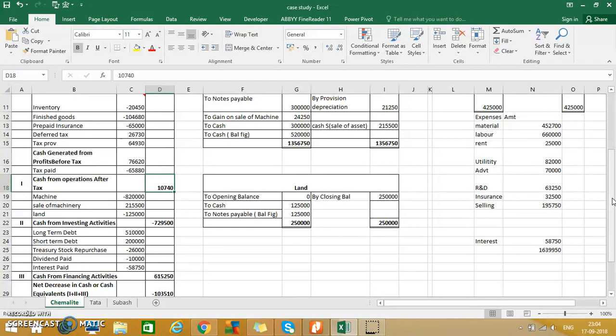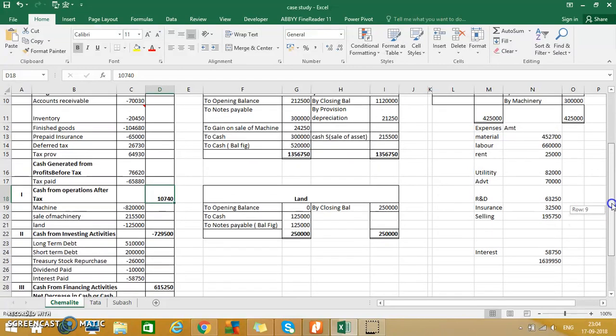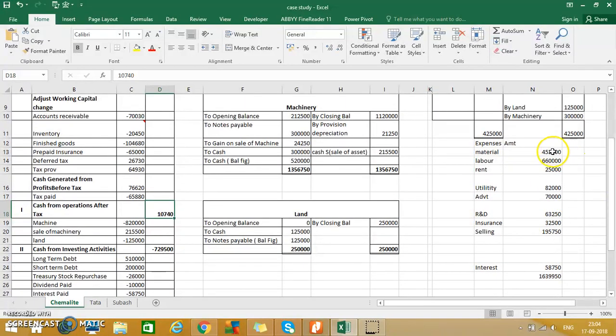Let's see what the liquidity position of this organization is. I have taken these expenses from the income statement: material, labor, rent, utility expenses, advertisement and all.